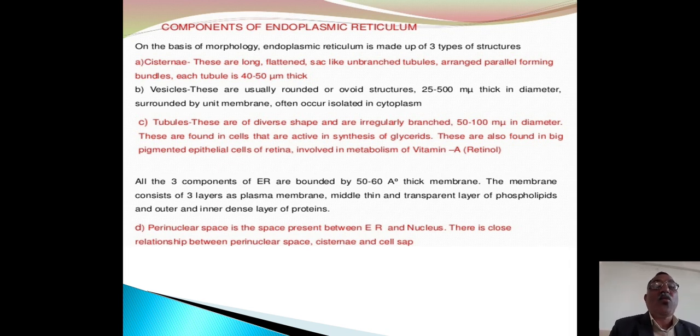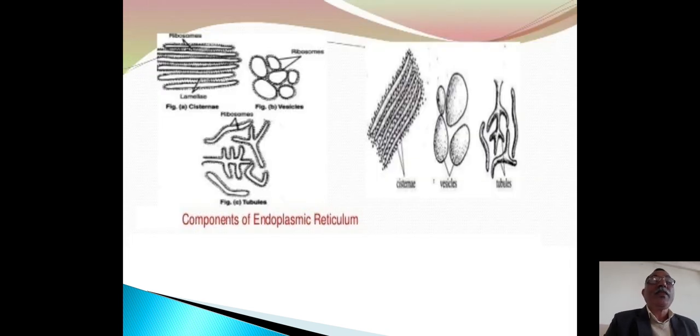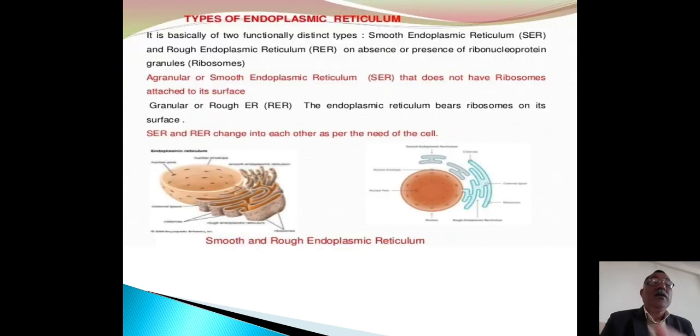There is a close relationship between perinuclear space, cisternae, and cell shape. You can see the different components of the endoplasmic reticulum like cisternae, tubules, vesicles, and so on. How many types are there?